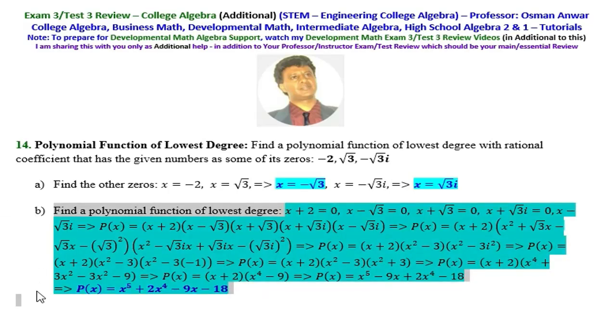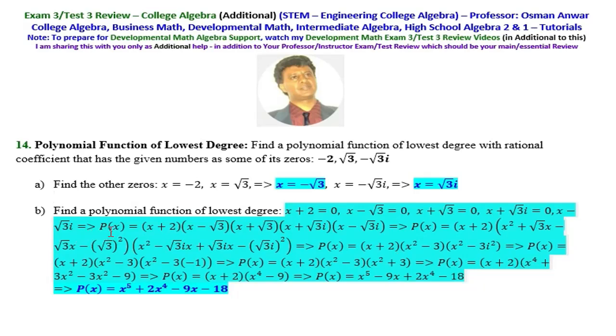So find the polynomial function of the lowest degree. That means x plus 2 equals 0, x minus square root of 3 equals 0, x plus square root of 3 equals 0, x plus square root of 3i equals 0, x minus square root of 3i is equal to 0.